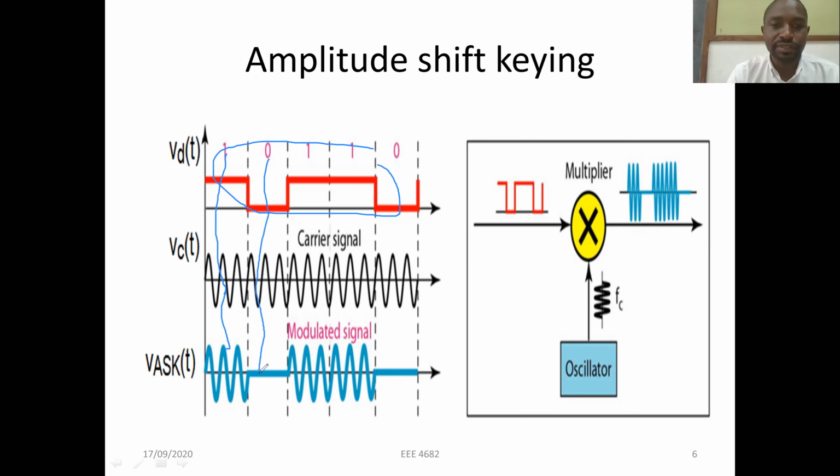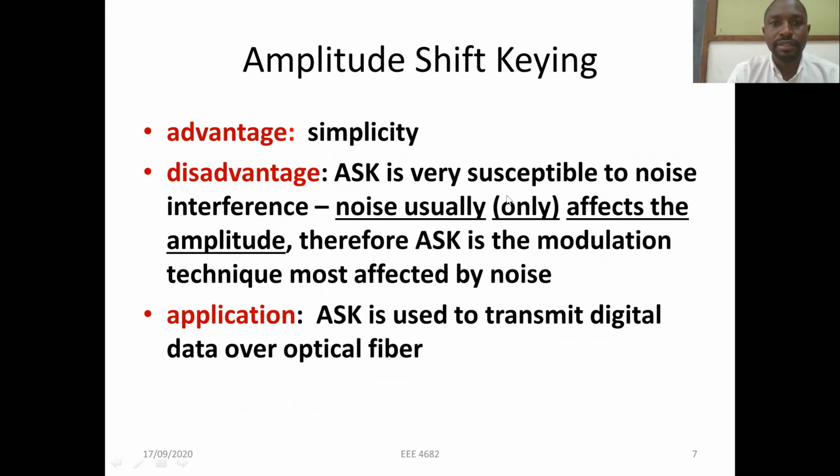So basically in amplitude shift keying, what you're varying is the amplitude of the carrier, but you keep the phase and the frequency of the carrier constant. Now, in terms of advantages and disadvantages, the major advantage of amplitude shift keying is its simplicity, but a major disadvantage is that it's prone to noise and interference.